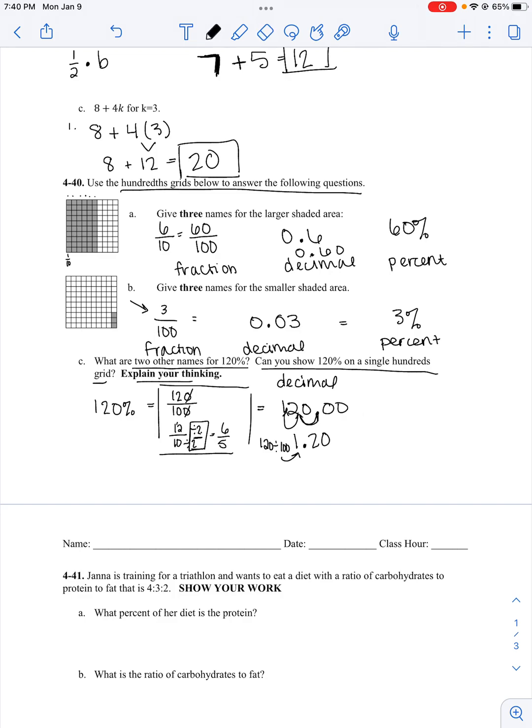Okay, the second part of my question asks, can I draw it on a single hundreds grid? No, I cannot draw 120% on a single grid because it is greater than 1.